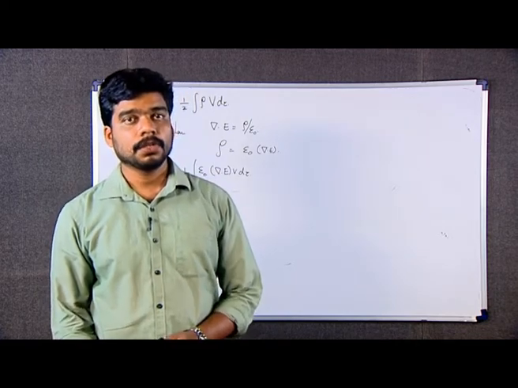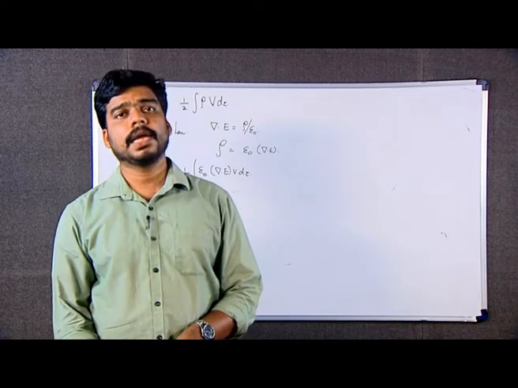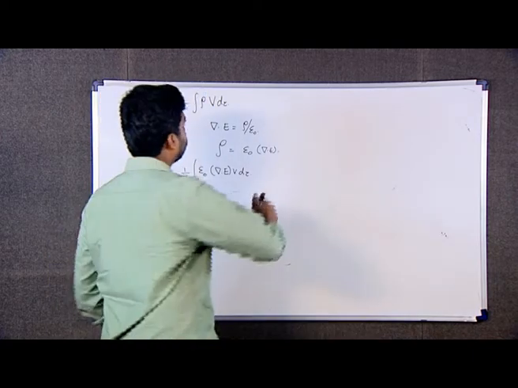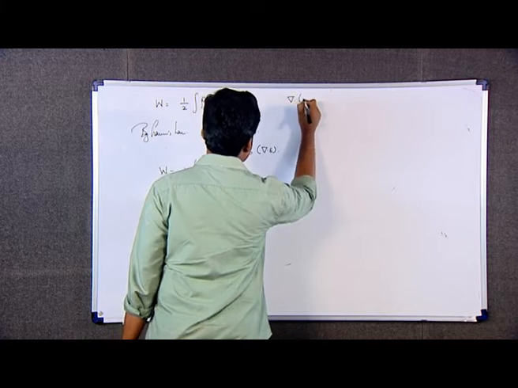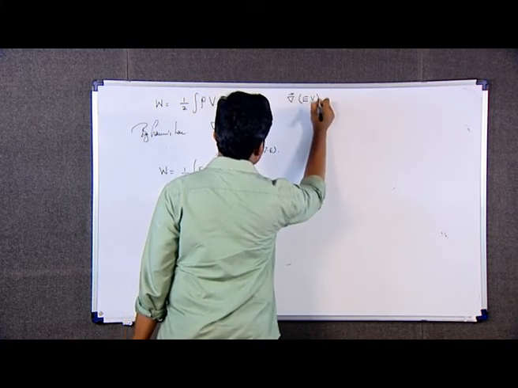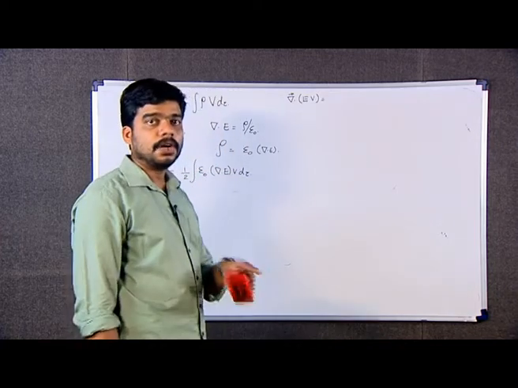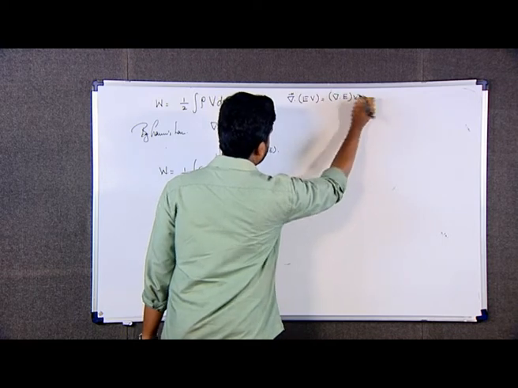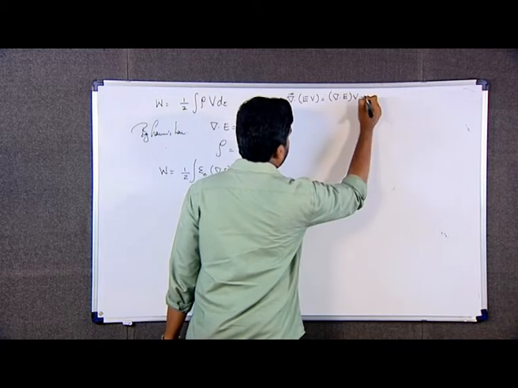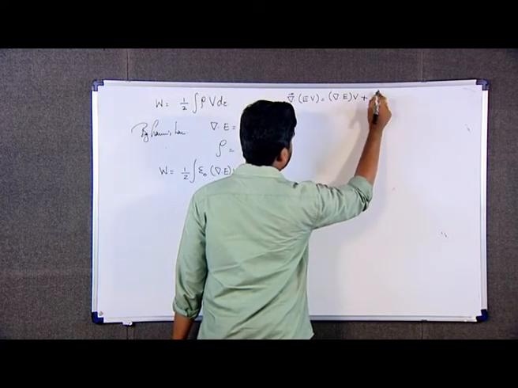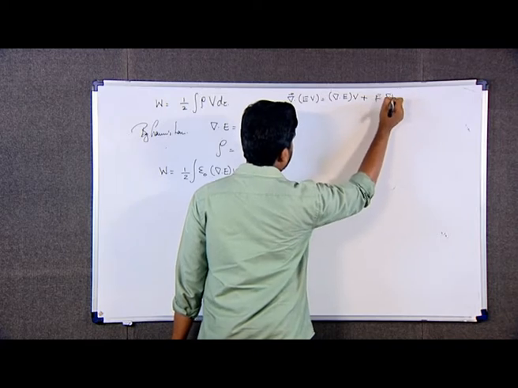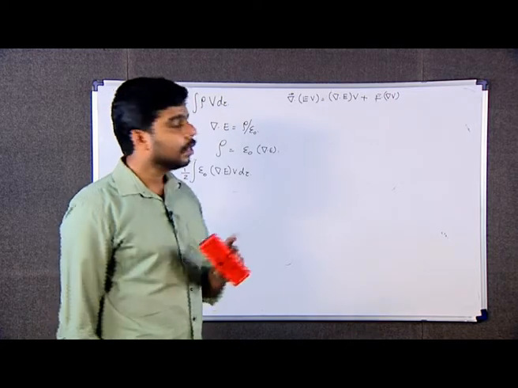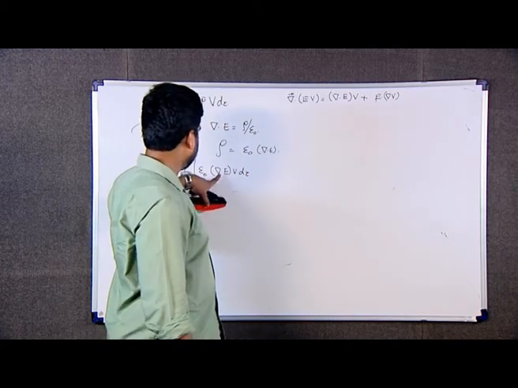Is another question. So, we will go back to the earlier mathematics and apply the product rule for the divergence. Do you remember this equation? Del dot (E V) is equal to (del dot E) into V plus E dot del V. Is there any similar term here?